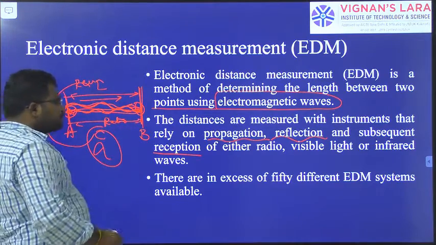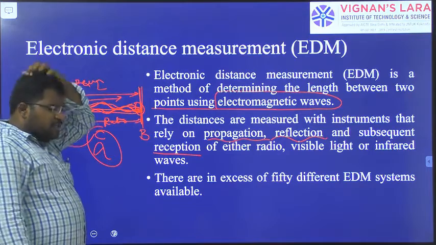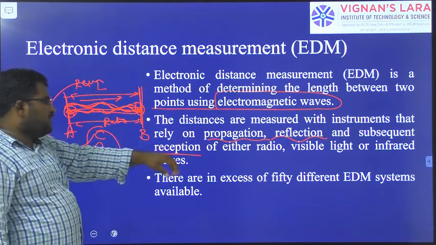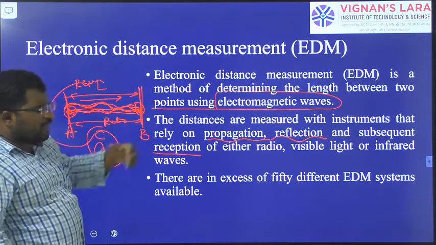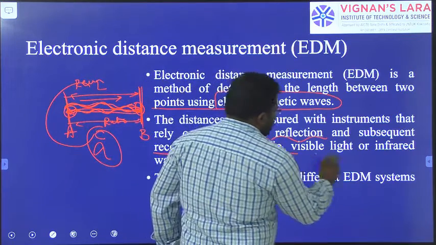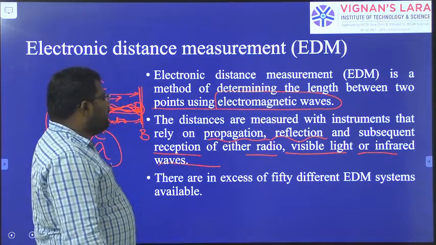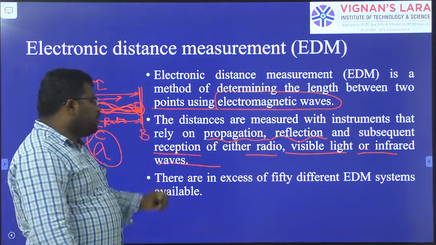That's why it is called reception, right? So here the distance is measured with the help of propagation, reflection and subsequent reception. What kind of rays are we going to use? Either radio waves, visible light or infrared waves. Based on these 3 types of rays we measure the length between 2 points.